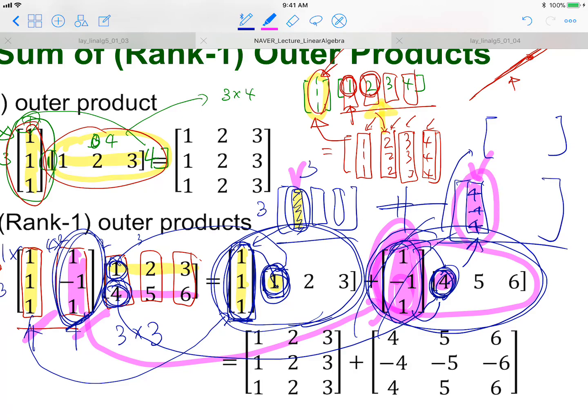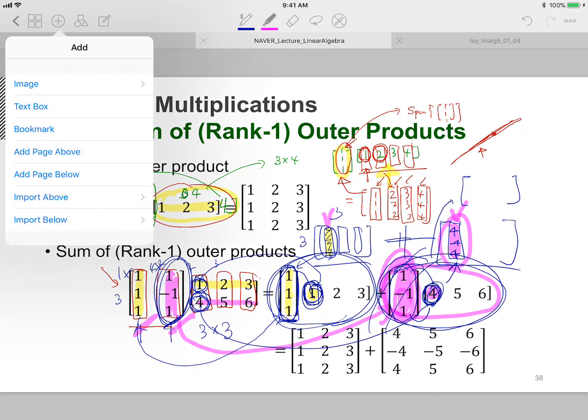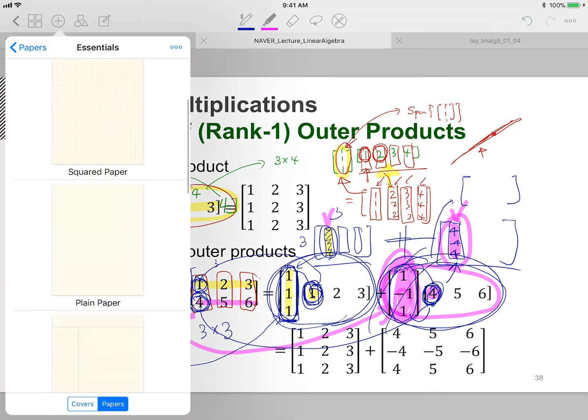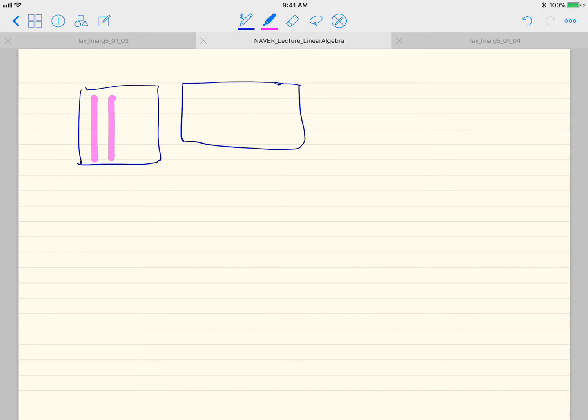Okay, and so in summary, suppose we have these two matrix multiplication, okay, and then we now have 4 columns in the left matrix, and then how many row vectors do we have?